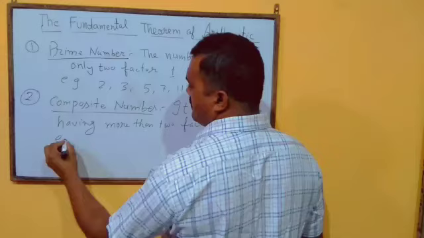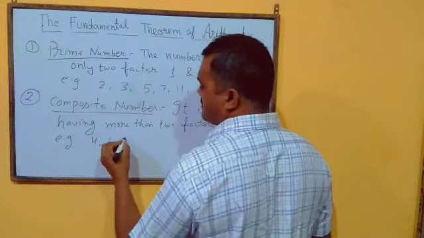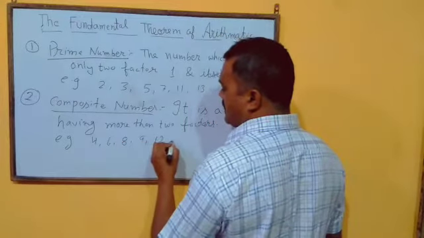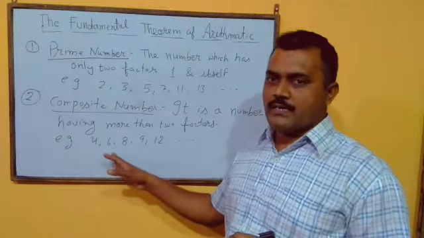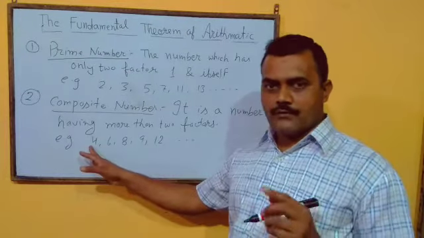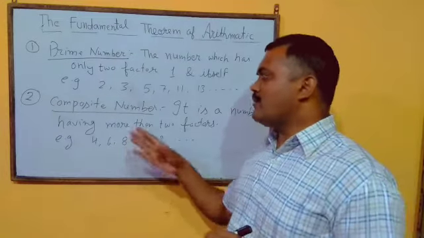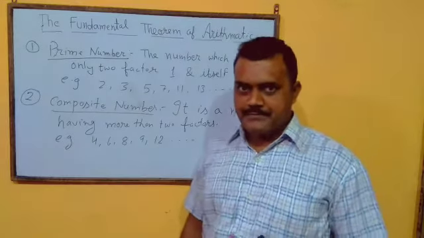For example, 4, 6, 8, 9, 12, and so on. All these numbers have more than two factors. For example, factors of 4 are 1, 2, and 4. So it has three factors. So the number which will have more than two factors will be a composite number.